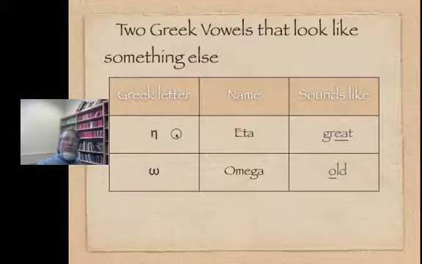So, these 2 long vowels are represented by symbols that we don't use to represent vowels in English, but they did in Greek. This one, eta, represents long e. This one, omega, represents long o.